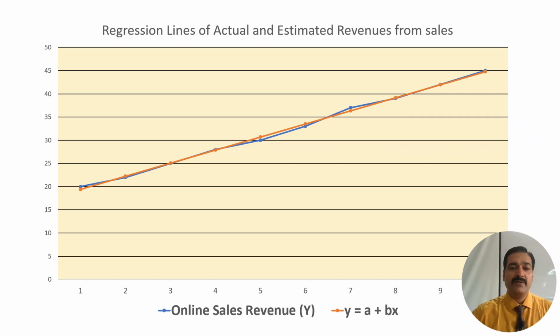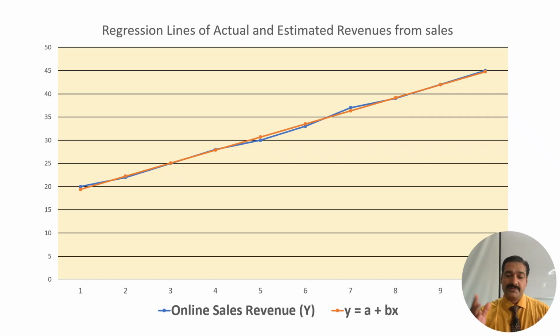With the help of Excel, I have drawn these two lines by making use of the actual values of y and the estimated values of y. How do you find the estimated values of y? By putting the values of a and b for the different given values of x, you can find the estimated value of y. In this way, a time series problem is solved by making use of the least square method.